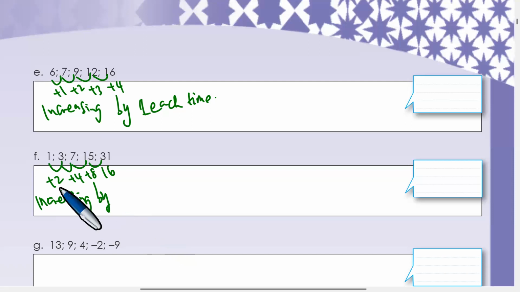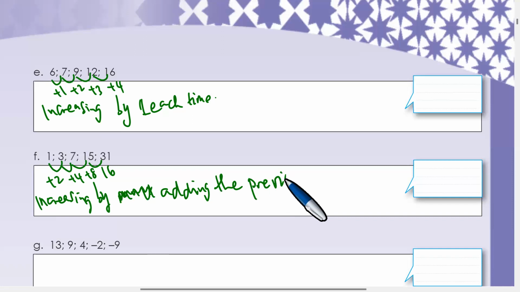So you are actually adding. You can just say you are increasing by adding the previous difference times 2.